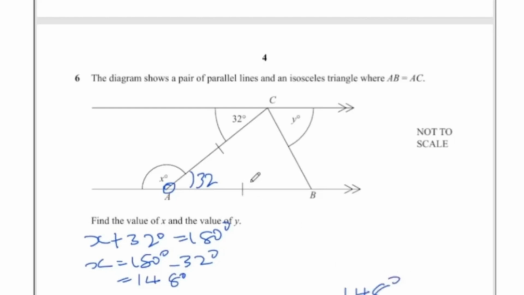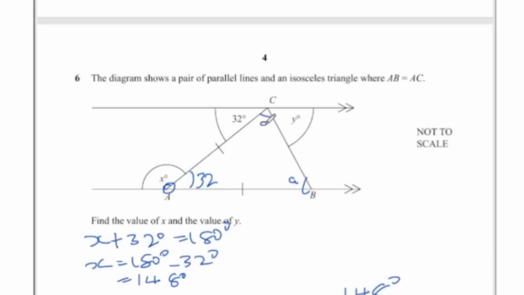Now, since this is an isosceles triangle, and here is 32, this angle must be equal to this angle. So how do we get this base angle? Let's call them a. So here is a, and here is a.